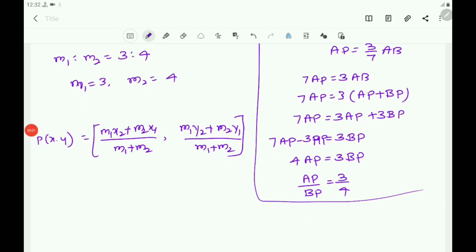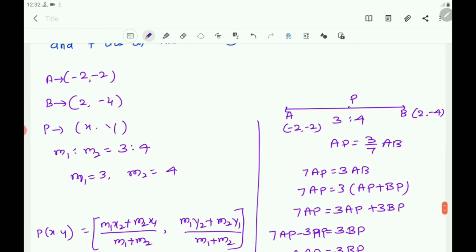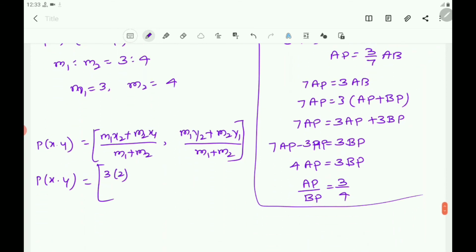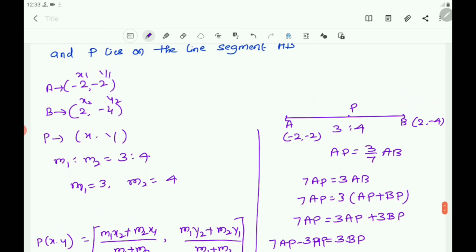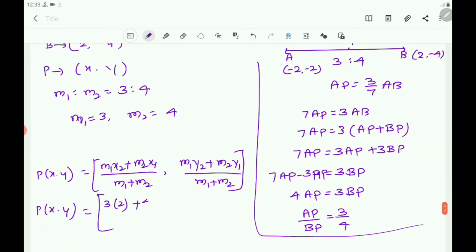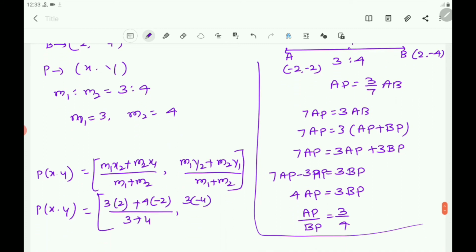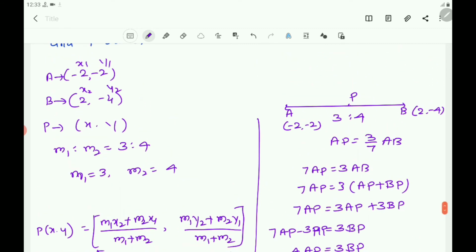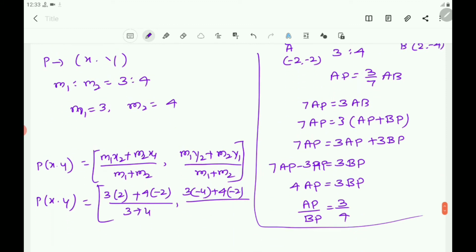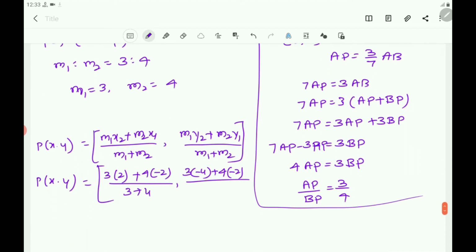Then P of (x, y) equals, here let us take this is x1 y1, x2 y2, x2 is 2, m1 into x2, that is 3 into 2, plus m2 is 4 into x1 is minus 2, by 3 plus 4, then m1 is 3, y2 is minus 4, plus m2 is 4, y1 is 2, by 3 plus 4.